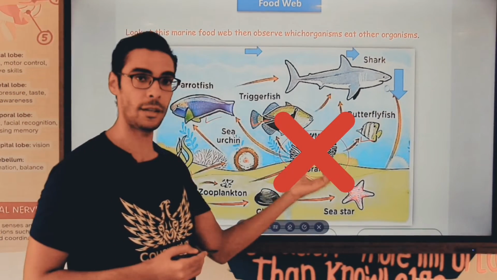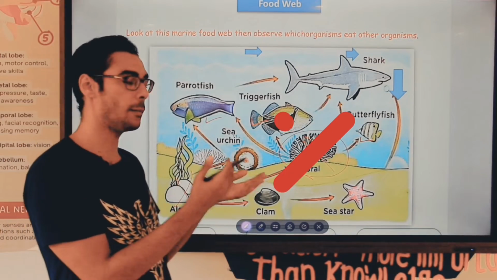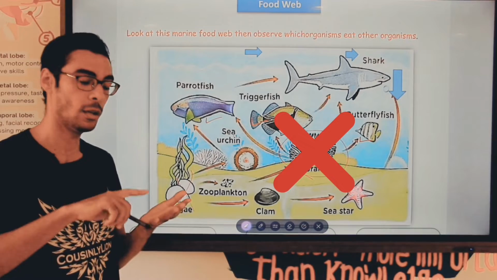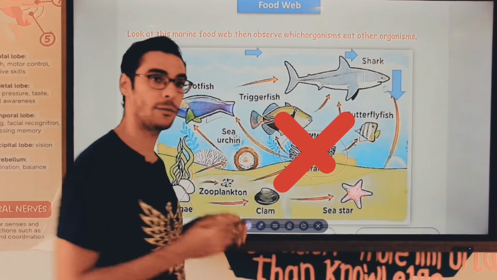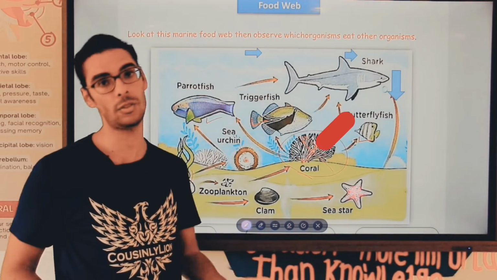So the coral reef here is not just a part of the food chain or the food web, it provides many kinds of fish with food and shelter. With the disappearance of the coral reefs, the food web will be totally destroyed.